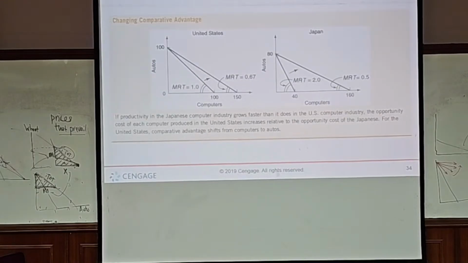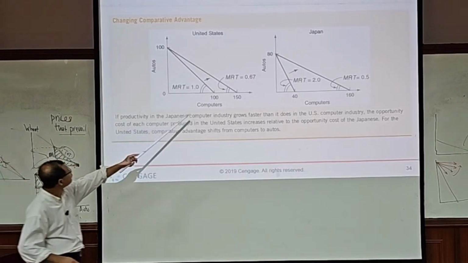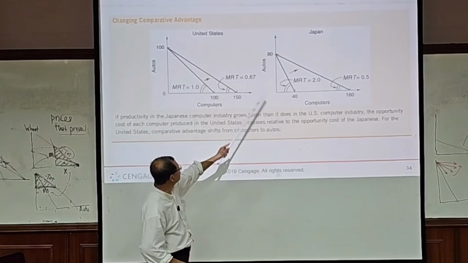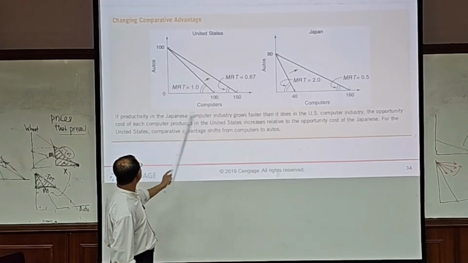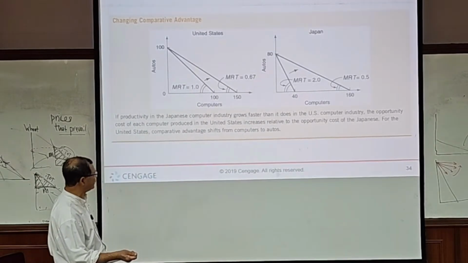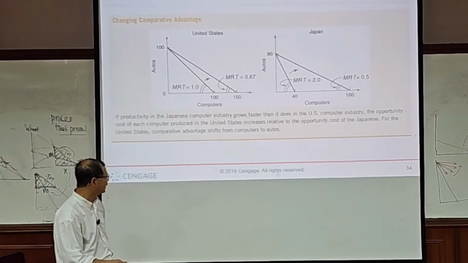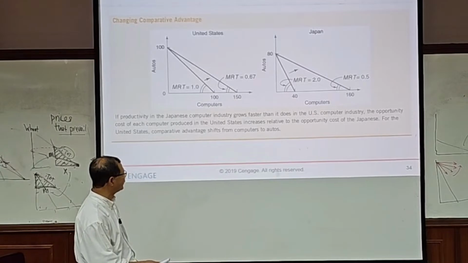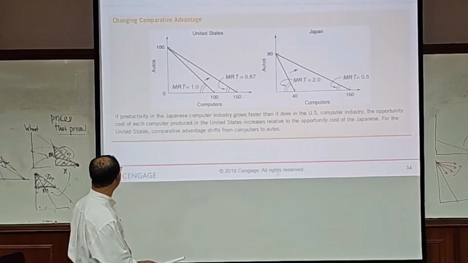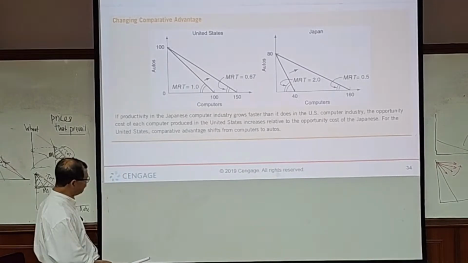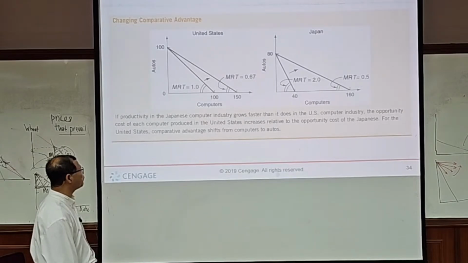If productivity of Japanese computer, this is computer, automobile, this is United States, Japan. If productivity in the United States increases relative to the opportunity cost of Japanese, for the United States, comparative advantage shifts from computers to auto.